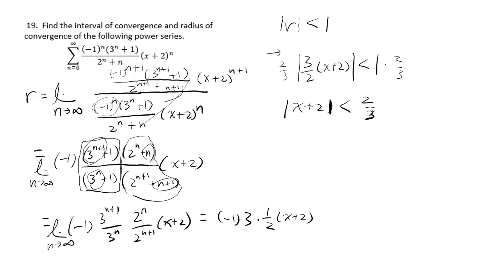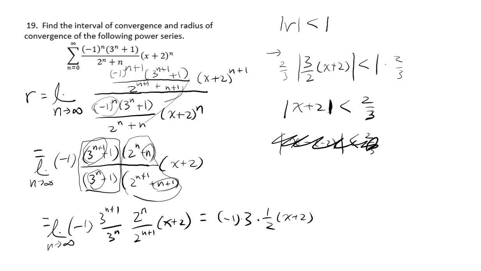And this basically means that if you do absolute value of x minus negative 2 less than 2/3, x is at most 2/3 away from this point negative 2. So negative 2 is like the center of the interval, and 2/3 is the radius of convergence, because that's the radius of the interval.